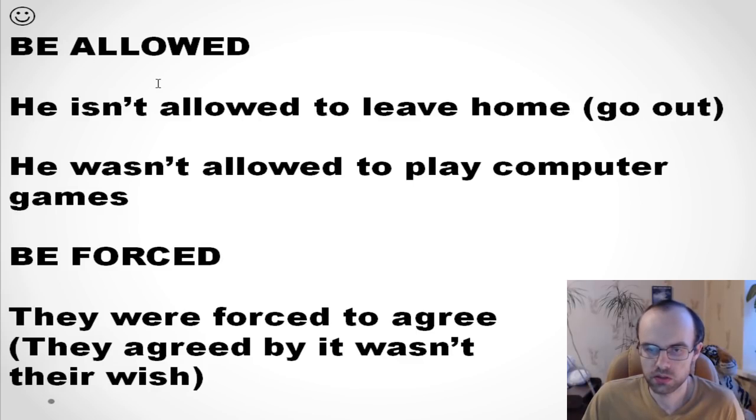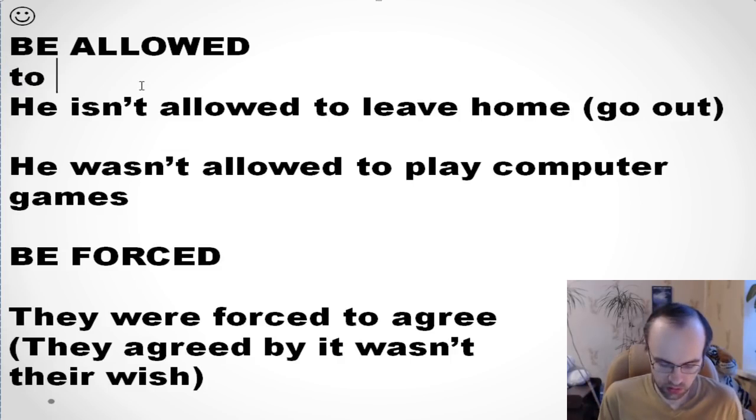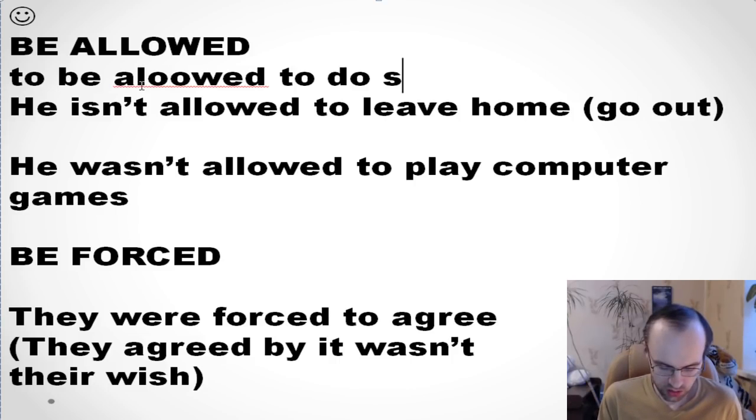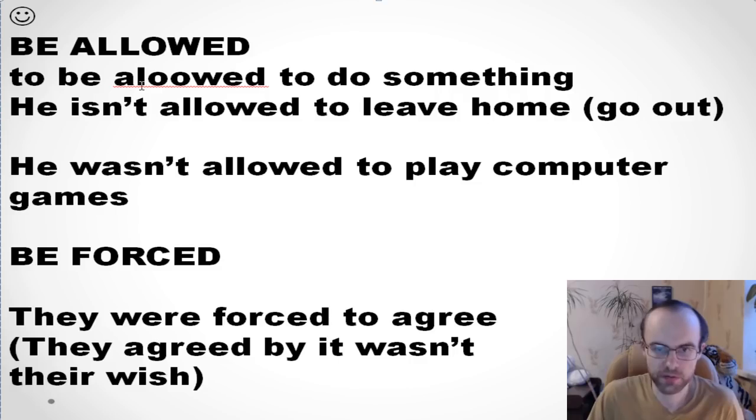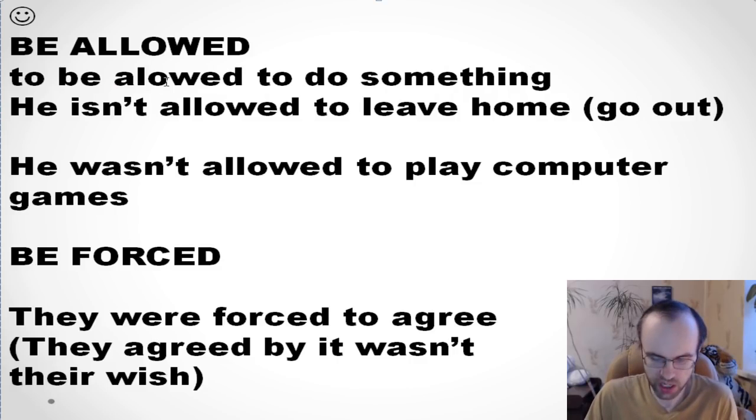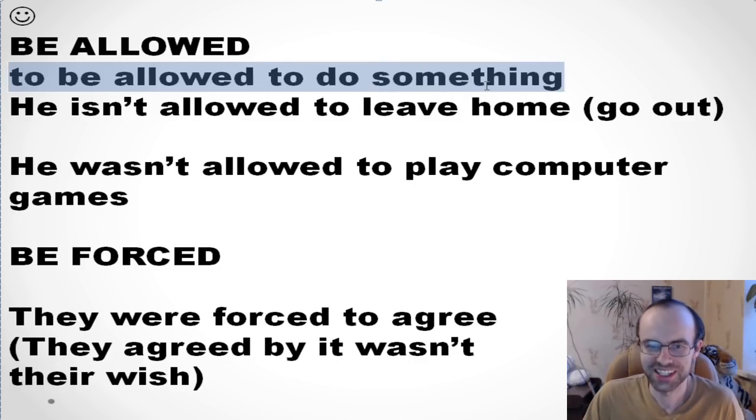So be allowed. Look, we say to be allowed to do something. To be allowed to do something. Okay, to be allowed to do something.